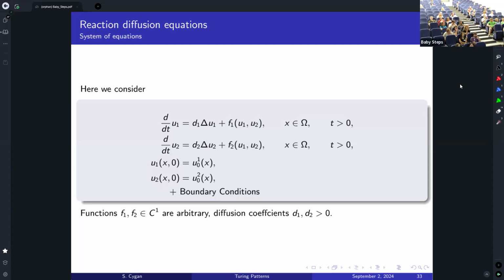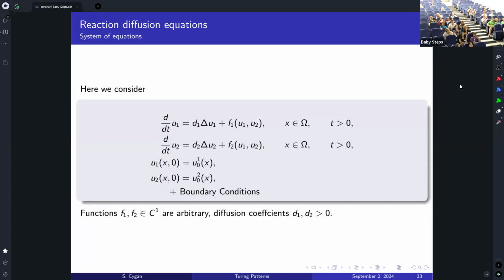And also some nonlinearities f1 and f2, which describe the dynamics between the substances, as functions of u1 and u2. So we need to impose the initial distributions and some boundary conditions, which will be normal.